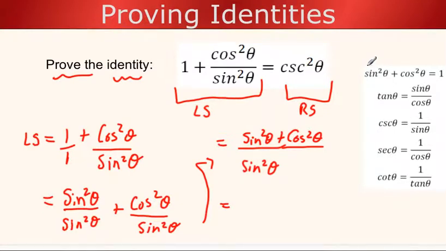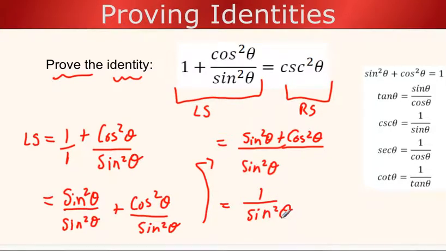Have a look over here. Sine squared plus cos squared is the same as 1. So I've got sine squared plus cos squared right there on the numerator. That's the same as 1 by the Pythagorean identity. So I'm going to take that out and replace it with the 1. Now I have 1 over sine squared. I've just substituted a known piece of information into this to simplify it.